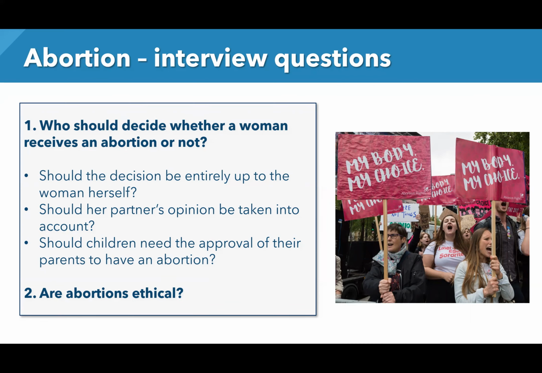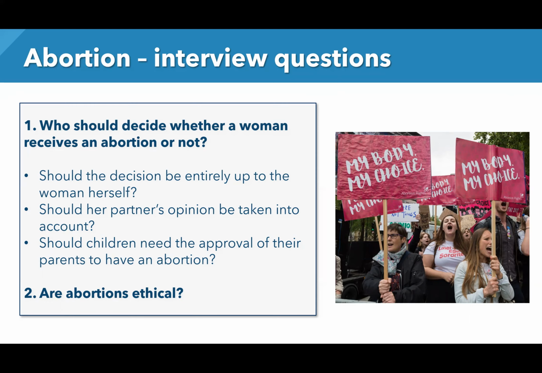And also, should children need the approval of their parents to have an abortion? Children do need their parents' approval in many situations, and indeed children's rights are restricted on many issues. And indeed, having a child is a very big decision to be made. So some people would argue that a parent's judgment is needed in this situation.